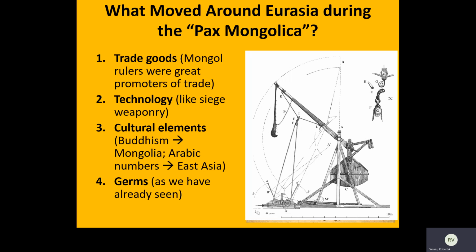Historians sometimes use this term Pax Mongolica, which is Latin for the Mongol peace. This idea that for a time, the Mongols, having unleashed such deadly warfare, probably the deadliest per capita warfare in human history, then established a time of great peace across much of Eurasia, when much of Eurasia was united under Mongol rule, and thus things became even easier to move around, including trade goods.